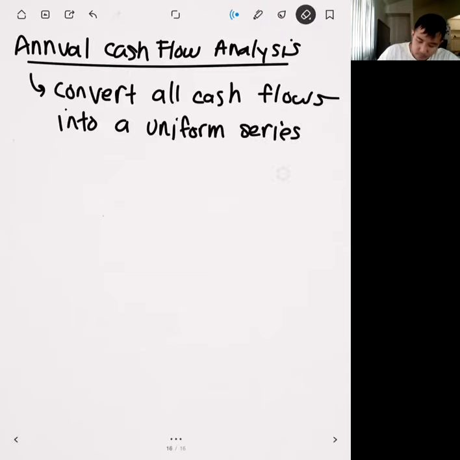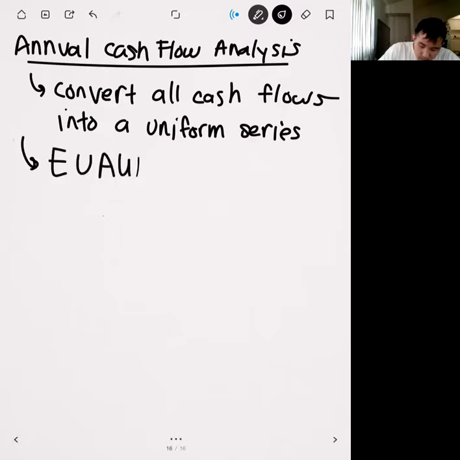And then from there, you'll be able to determine, same thing that you did with present worth. So you convert everything to a uniform series, you compare and see which one's the highest, and you pick the one that's the highest for your best option. The term that you'll see pretty often in annual cash flow analysis is EUAW.